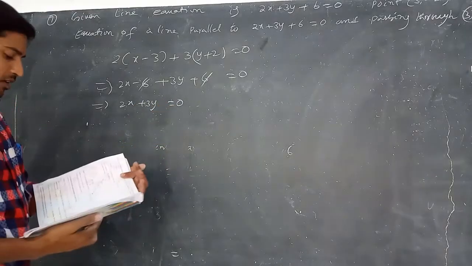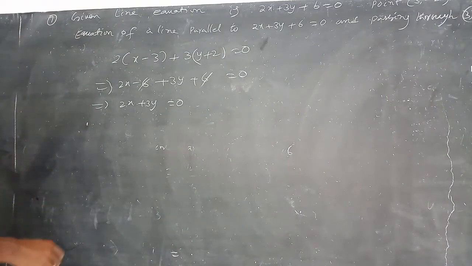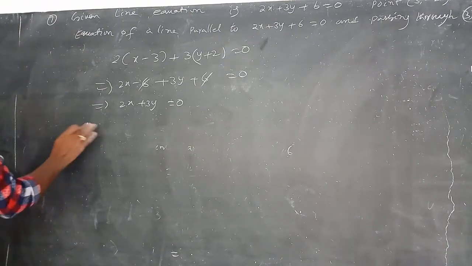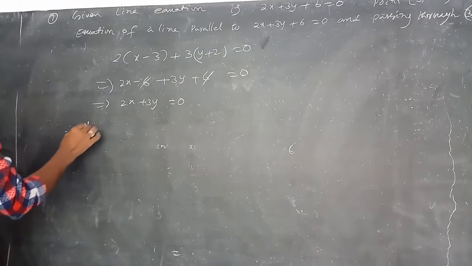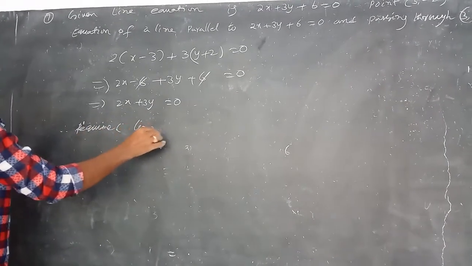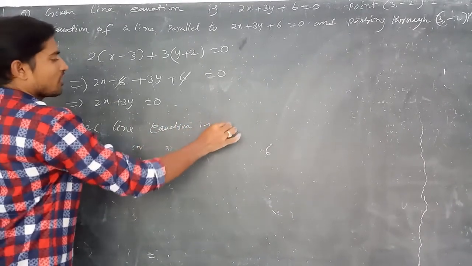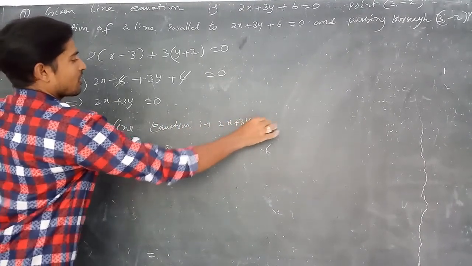Therefore required line equation is 2x plus 3y equal to 0. So whatever he given, that is correct. So both are true. Therefore required line equation is 2x plus 3y equal to 0.